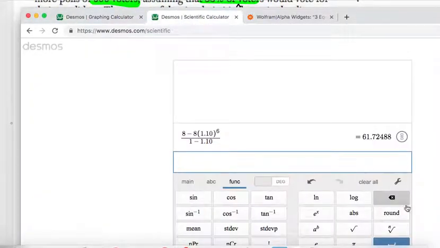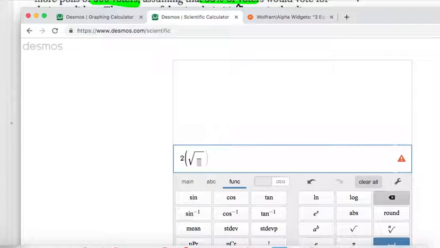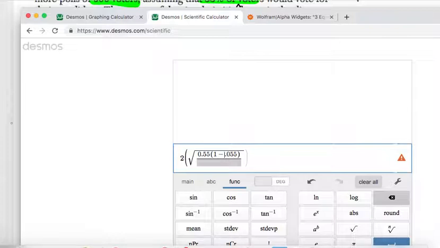On our scientific calculator, clear everything. 2 times the square root of 0.55 times 1 minus 0.55 over 900, and it's equal to 0.03317-ish, so 0.033.